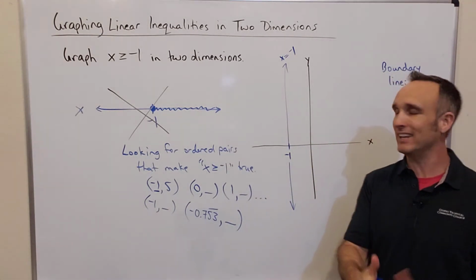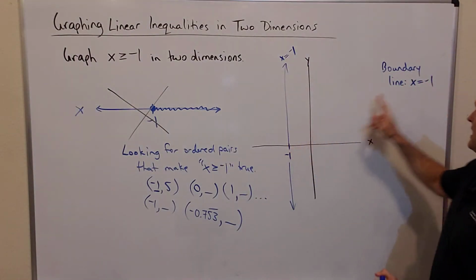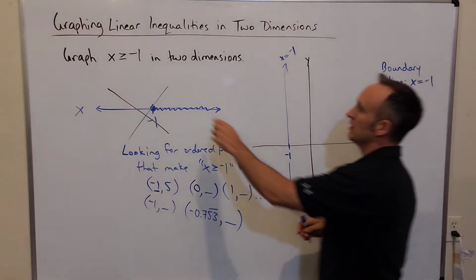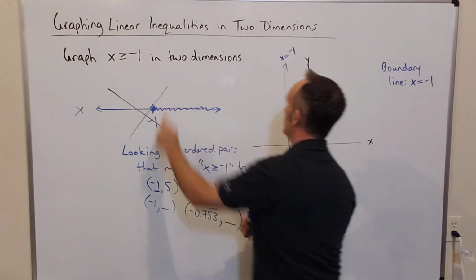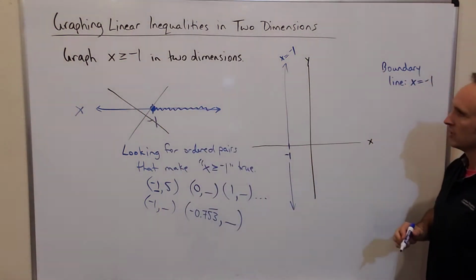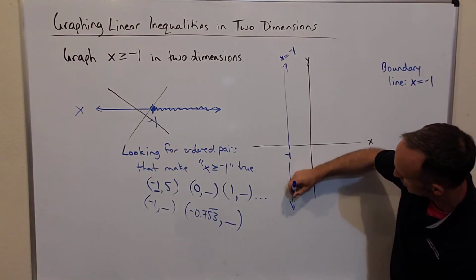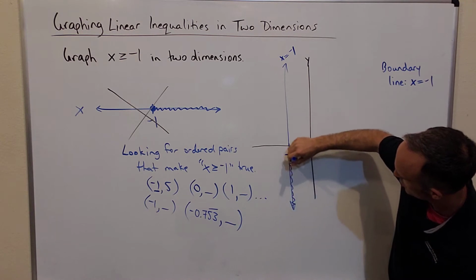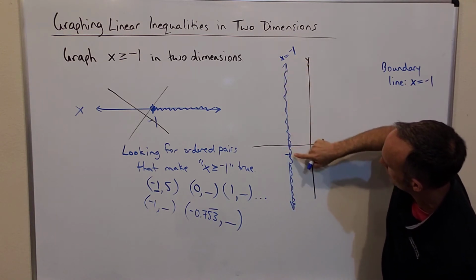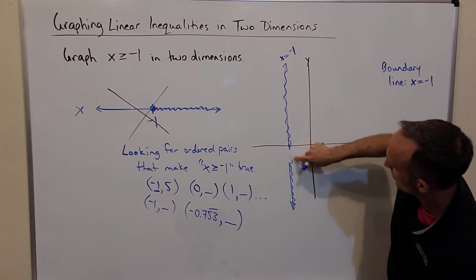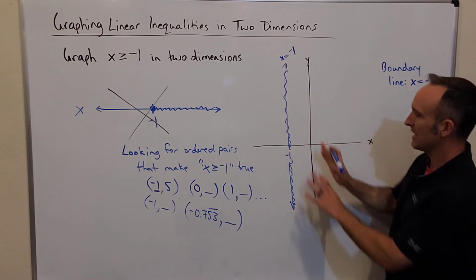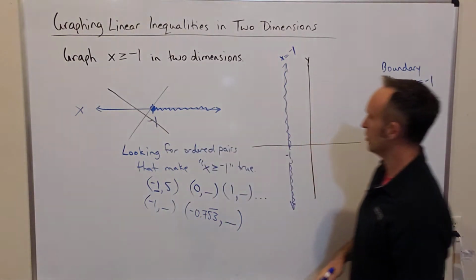Now we have to shade. We have to shade every x value greater than or equal to -1, okay? Greater than or equal to -1. So one way to think of it is, okay, if it equals -1, it's on this boundary line. So I'm going to shade this whole line now, understanding that my label here is -1. That's the boundary, just like the point was shaded over here.